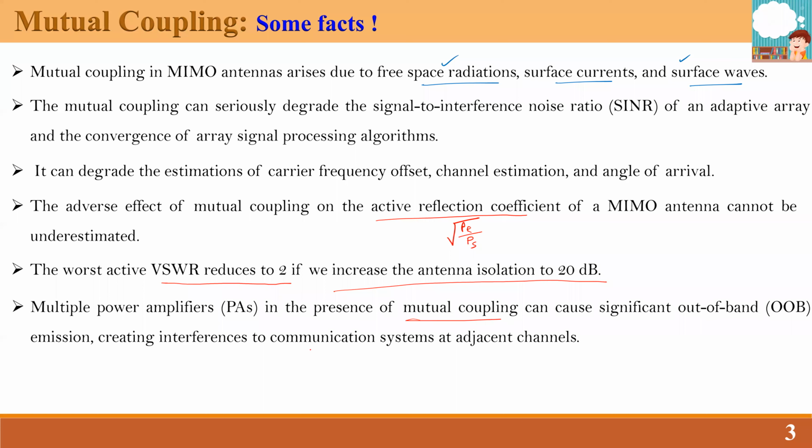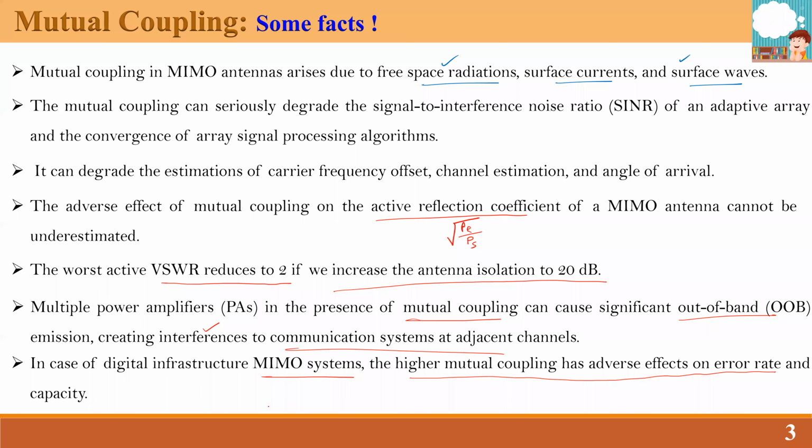Next, in the case of a digital infrastructure MIMO system, higher mutual coupling can adversely affect the error rate and the capacity. Now, the question, let me put it in a different way: as you keep saying that by using signal processing one can reduce mutual coupling up to a certain extent, what is all about the signal processing method?